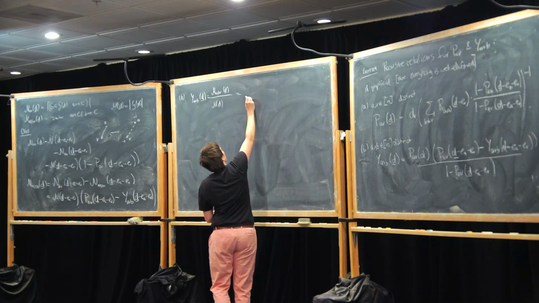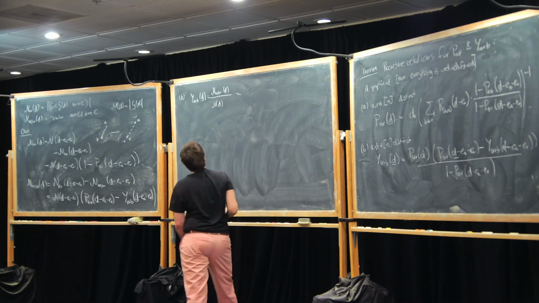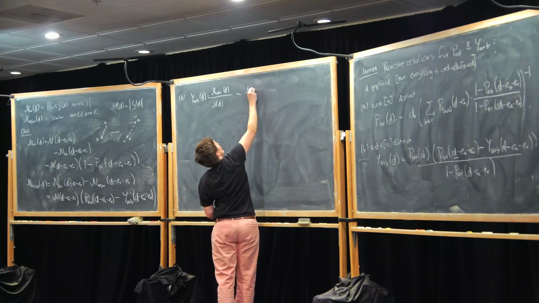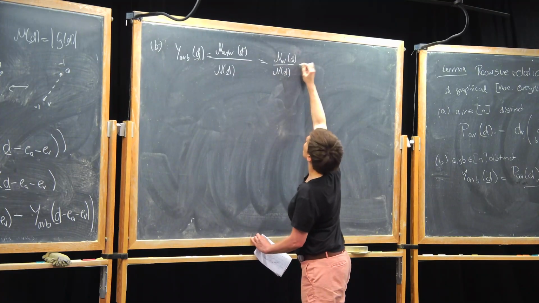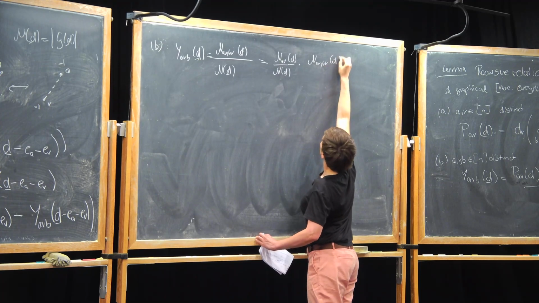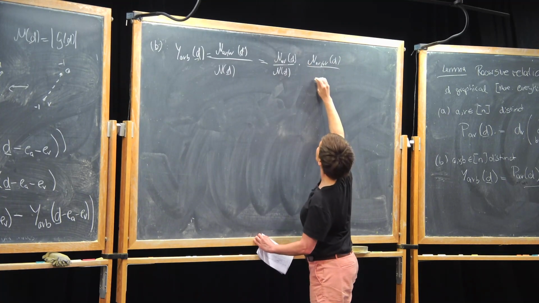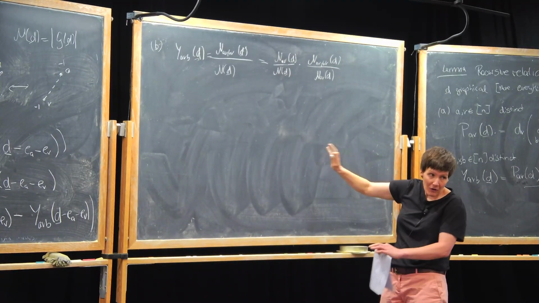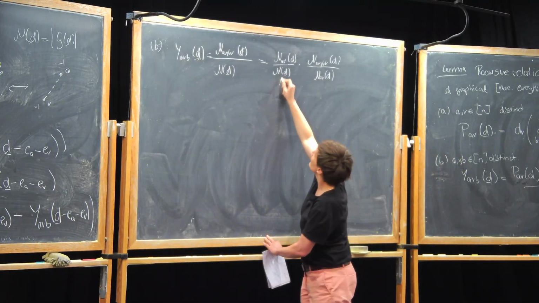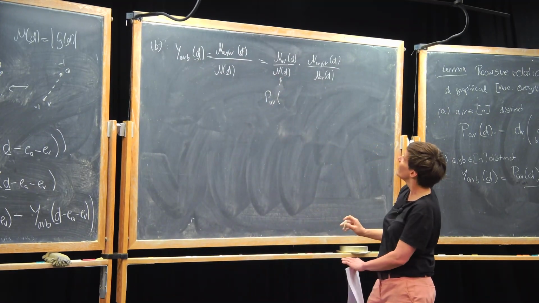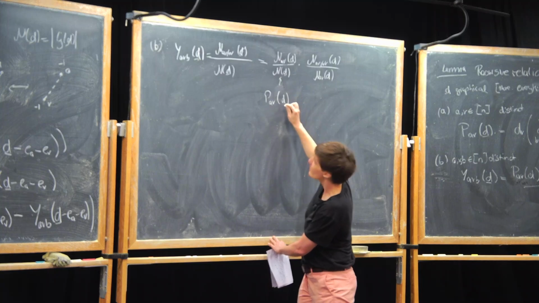Well, I want to take out the NAV of D over the N of D times NAV BV of D over this number. Okay, and now I hope you see this is the probability that I have the edge AV in my original degree sequence.